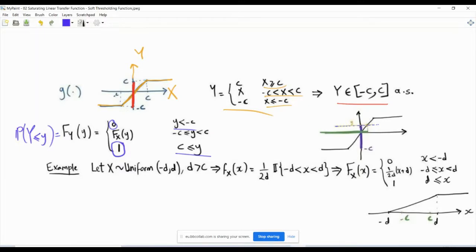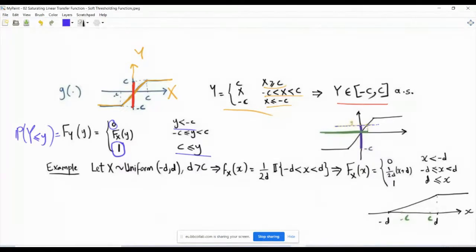In our case here, what is the probability that big Y is from minus c to y? So what are the values of x that are mapped to this range of y from minus c to small y, where y is living between minus c and c?